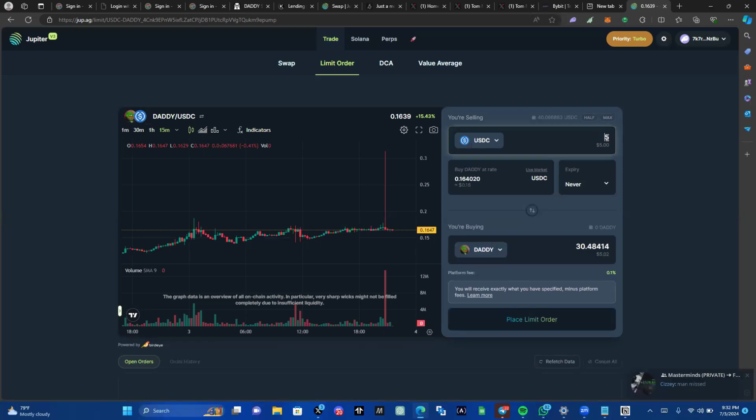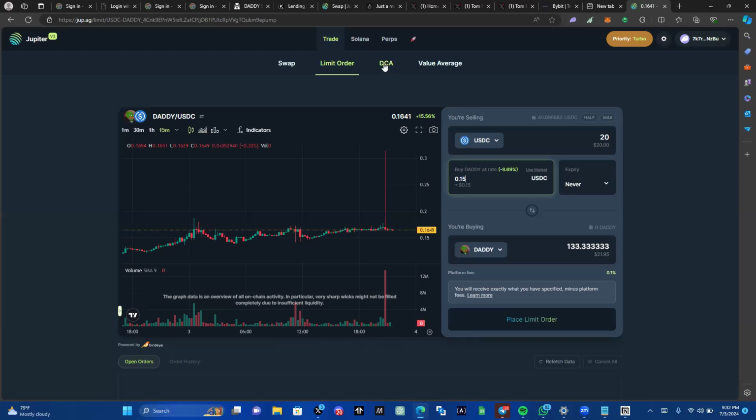I want to spend $20 on Daddy at the rate when it touches 1.5. Then I place the limit order. Once Daddy comes down to 1.5, it will automatically execute, and I'll have my Daddy. So this limit order is very nice.